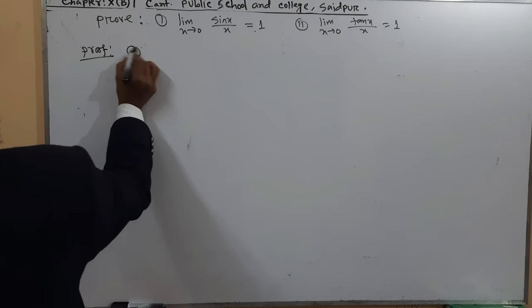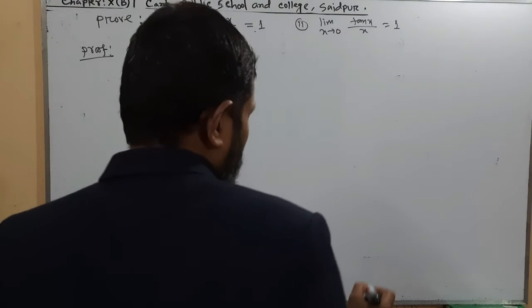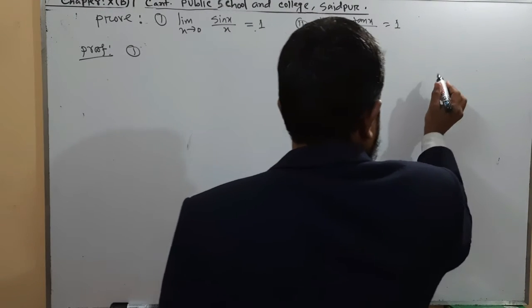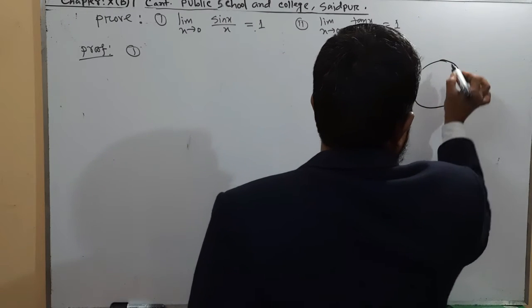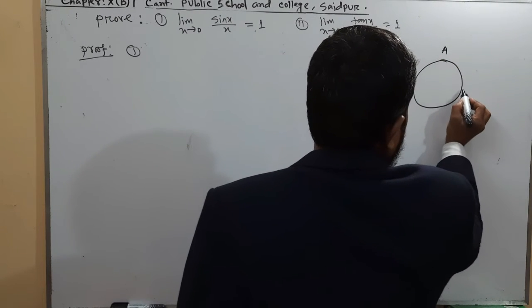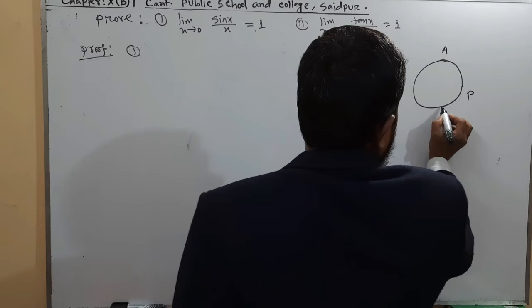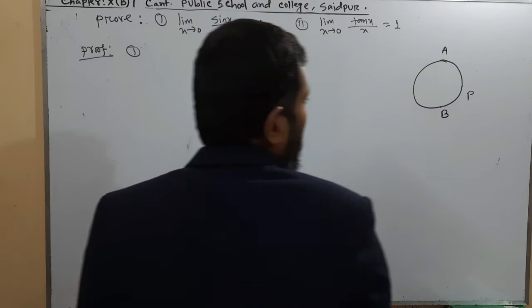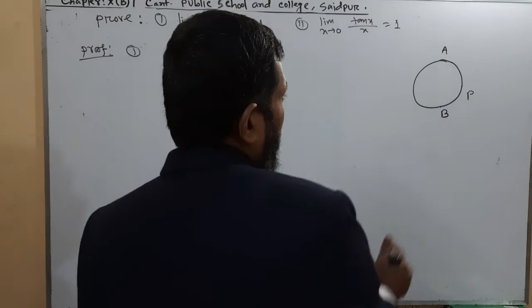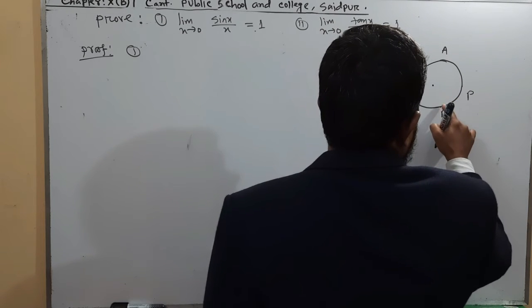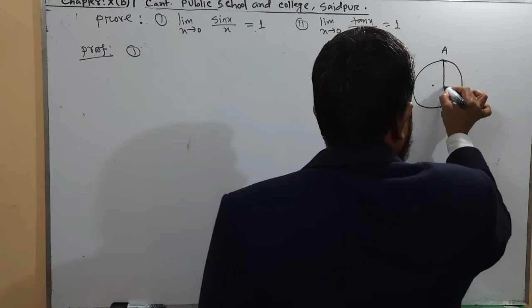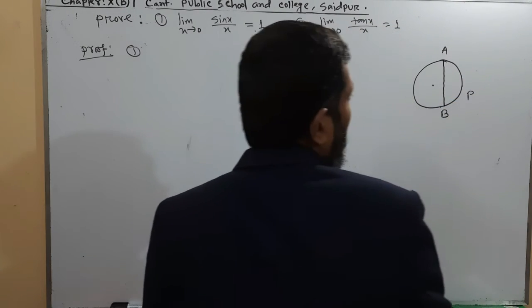First I will prove 1. I am drawing a figure. Here A, P, B is an arc of the circle with center O, and AB its chord.